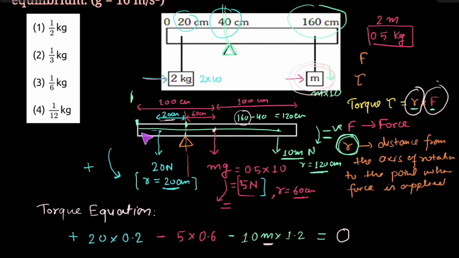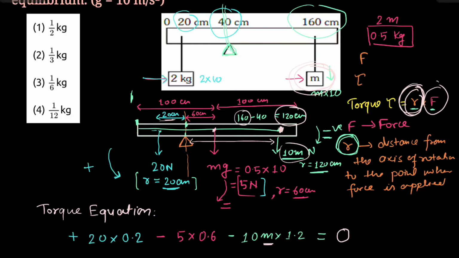The length at which this 10 M force is acting is this point. This point is at a distance of 160 centimeter from this zero reference, and because this wedge is at 40 centimeter, the distance between the wedge and this 10 M force would be 160 minus 40 equals 120 centimeter. So this is our second part, to find out the value of R.